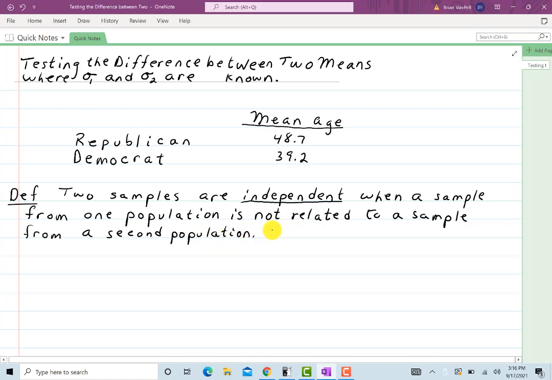Otherwise, we say the samples are dependent.